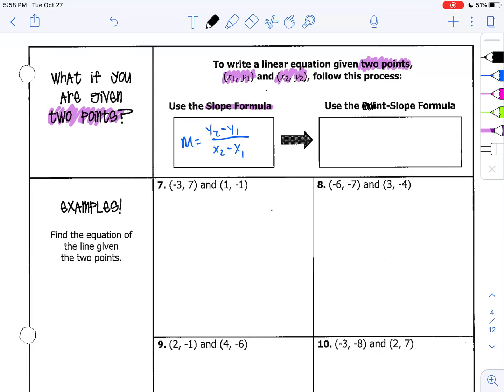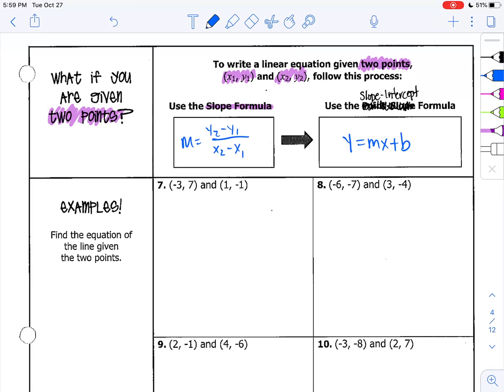So go ahead and mark point slope out. We're going to be using slope-intercept. And remember, your slope-intercept is y equals mx plus b. So let's jump into some examples.